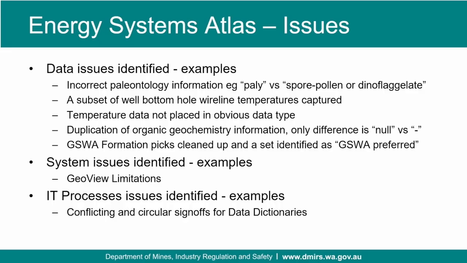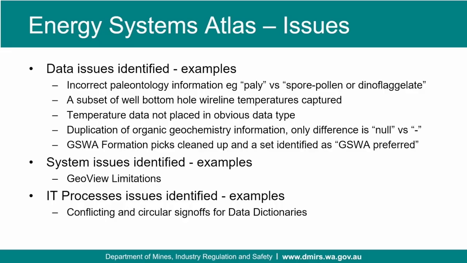So when we first started this project, some issues came to light. These are just some examples and not all of them. There were issues with some of the data sets: incorrect paleontology information, and only a subset of the bottom hole temperatures from wirelines had been captured. Temperature data was not placed in an obvious location.